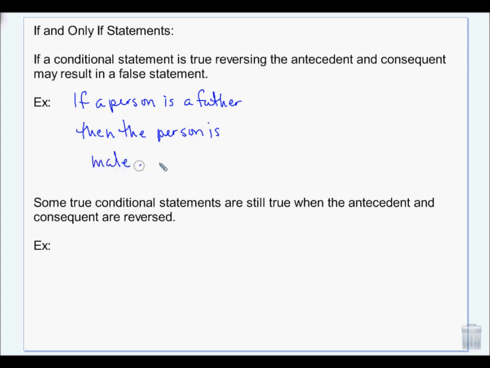This is true, right? If you're a dad you're male. We have a different word for if you're a female that has a kid, right? So if you're dad, you're male.